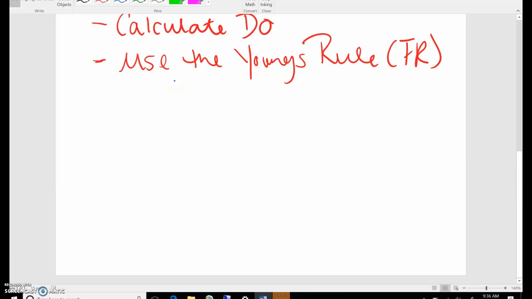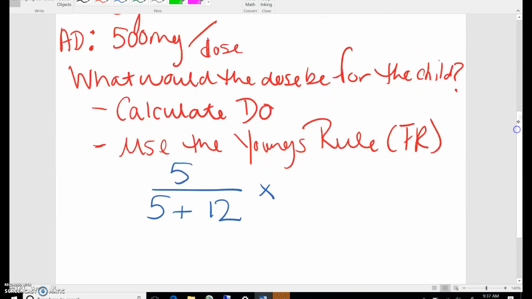And remember, they have to be 12 months or older in order to use Young's rule. So you have to take their age in years, which is 5, over their age, which is 5 plus 12, and multiply it by that adult dose of 500 milligrams.